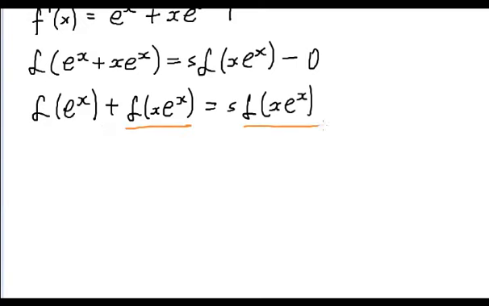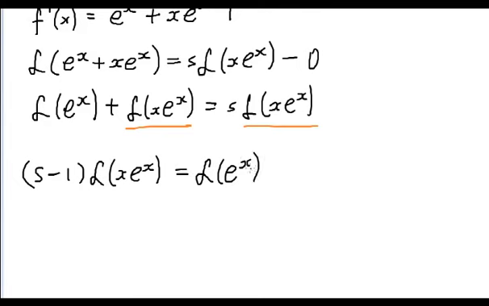So we want to bring those terms on the same side and group them together. Perhaps we can bring over the left-hand side to the right-hand side, but also swap around the equality and eventually get s minus 1 times L of x e to the x is equal to L of e to the x.